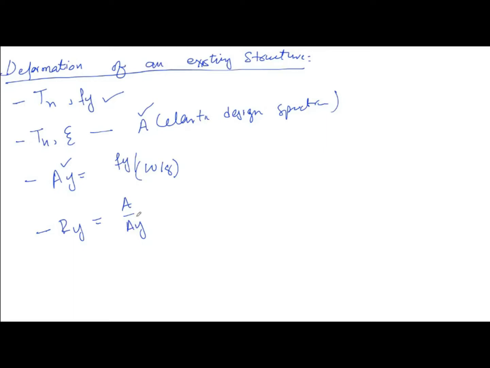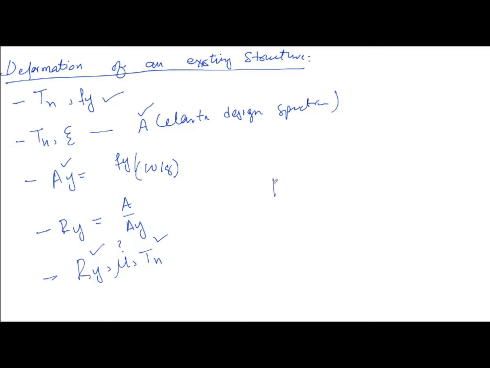Corresponding to this, Ry and Tn and the ductility, you know that we have the relationship between Ry, ductility and the Tn. So if we know the vibration period, if we know the strength reduction factor, we can obtain the ductility factor.